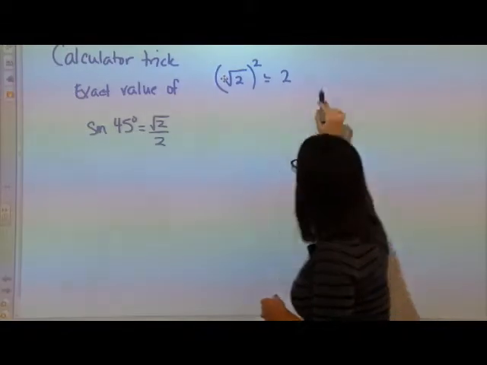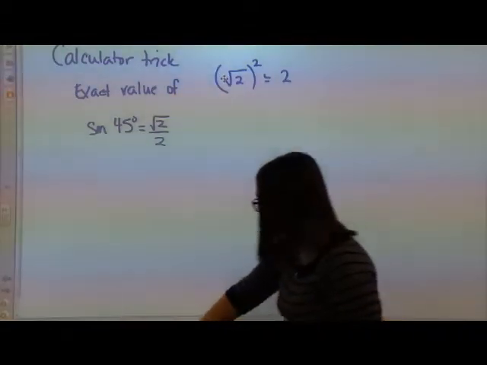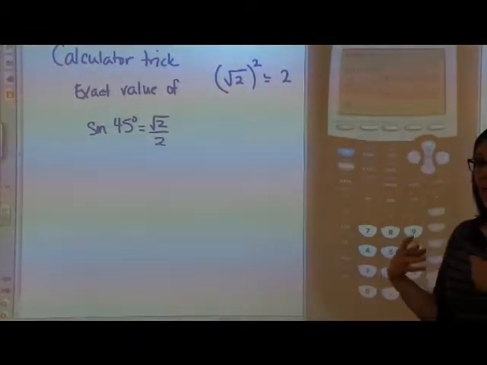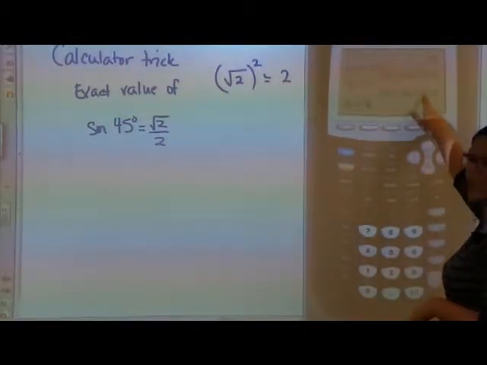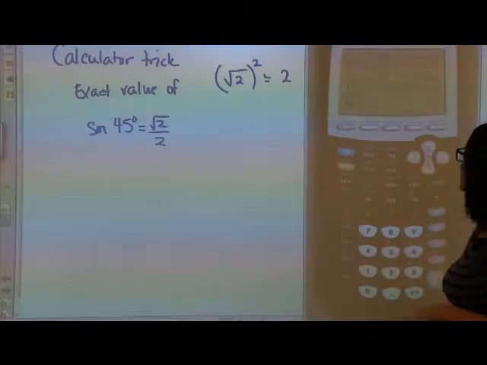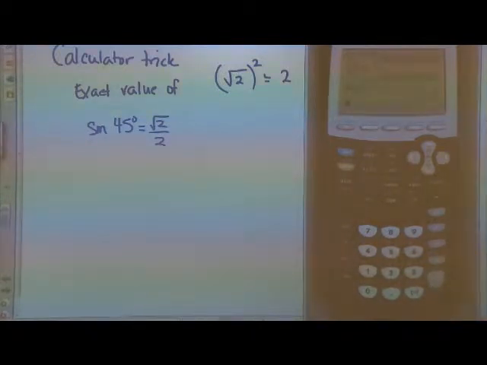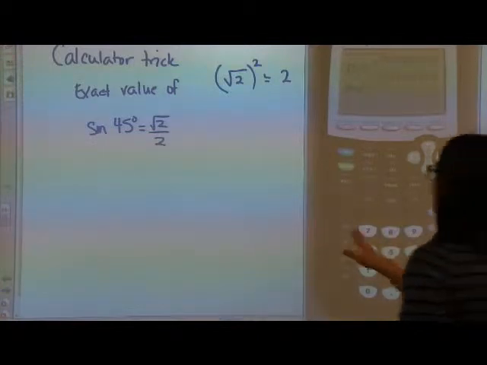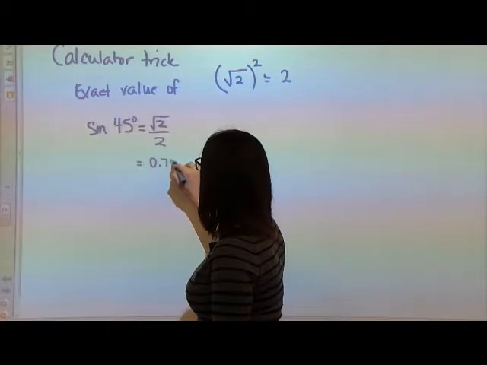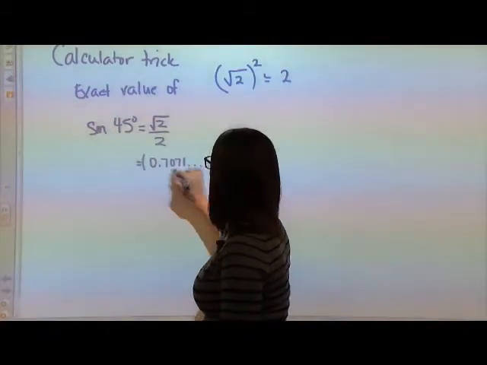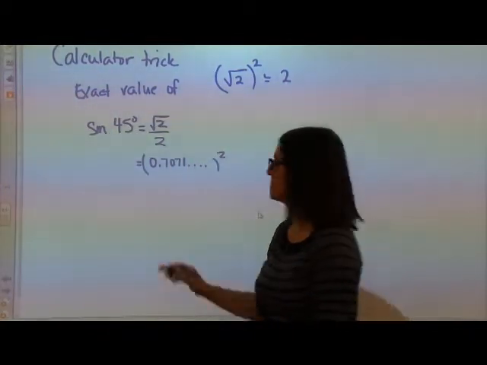So if I could take this irrational value that I have here and square it, it would kind of cancel out that square rooting factor. And what do I get? I get 1/2. So I take this value, this 0.7071, and I square it.